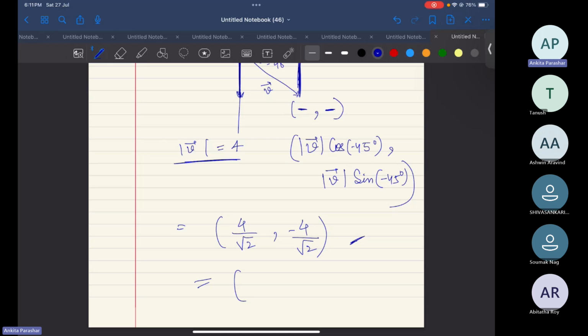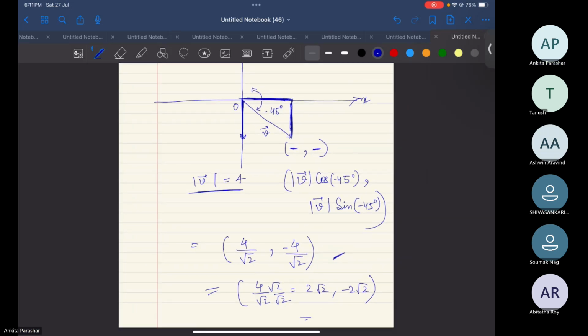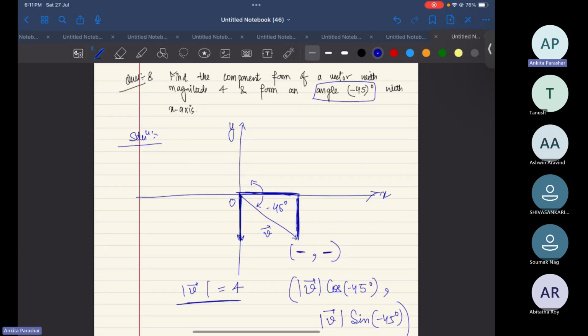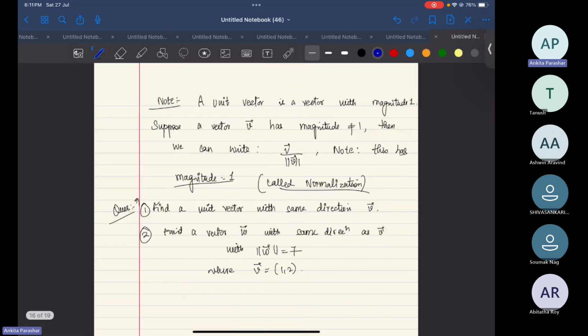If you want to simplify more, you can rationalize it, and then this is nothing but 2 root 2, minus 2 root 2. So now we know how to compute a component form with the given angle and magnitude. Once we know the angle and magnitude, we can write the vector. Both are necessary for us.